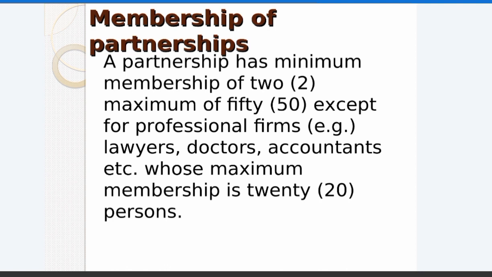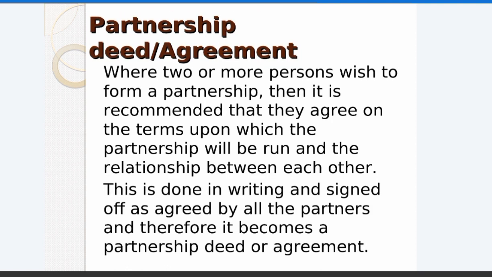So that is the membership, a minimum of 2 and a maximum of either 50 if it is to be a partnership consisting of professionals, or a maximum of 20 if it is a partnership of ordinary persons. And then, of course, we have the partnership deed or the partnership agreement.